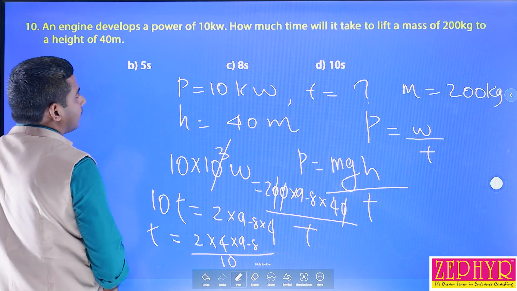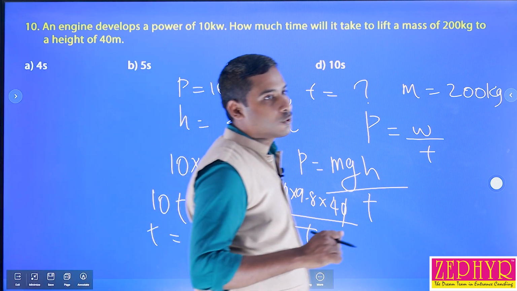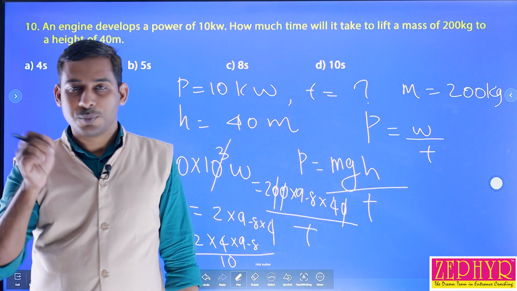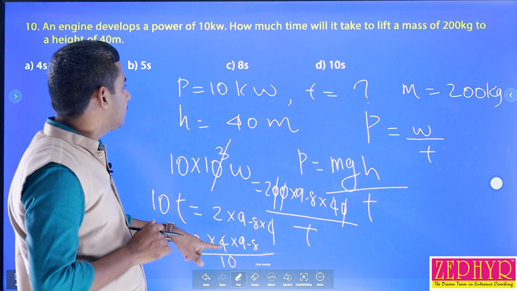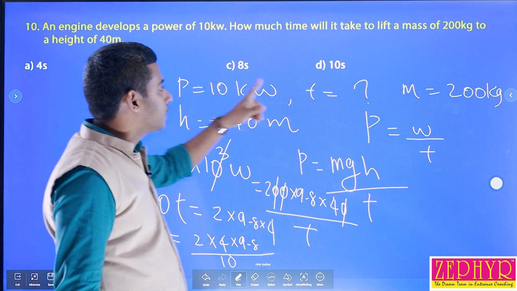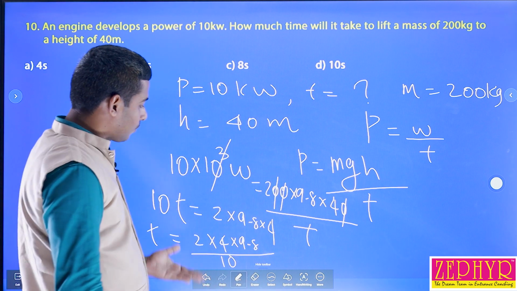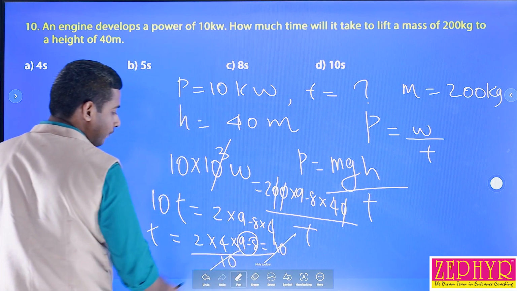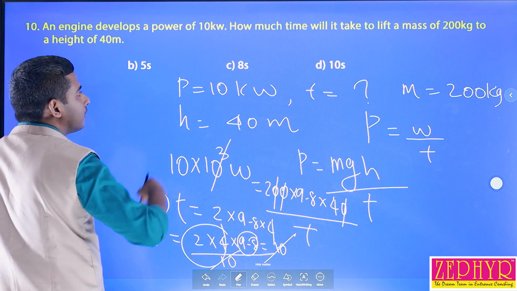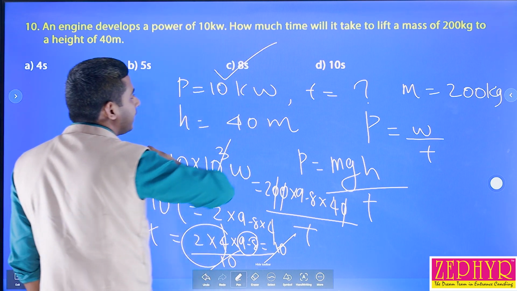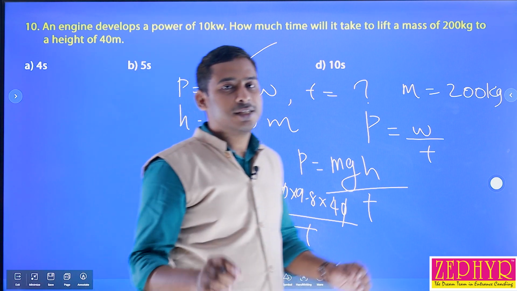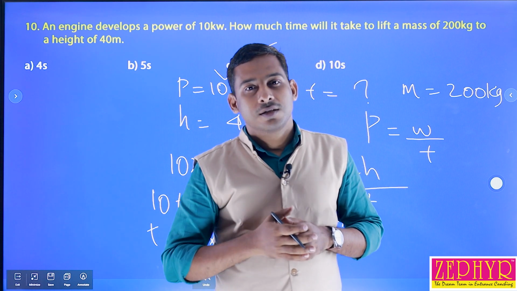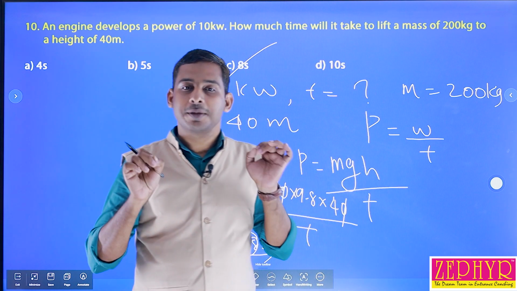So, dear students, in this question also, first I chose the value of g as 9.8, but when we take 9.8, we won't get the option. So again I have to consider this 9.8 as 10, 10 will get cancelled. So 2 4s are 8 seconds. Very easy question, like the previous question, but here our unknown quantity was time.